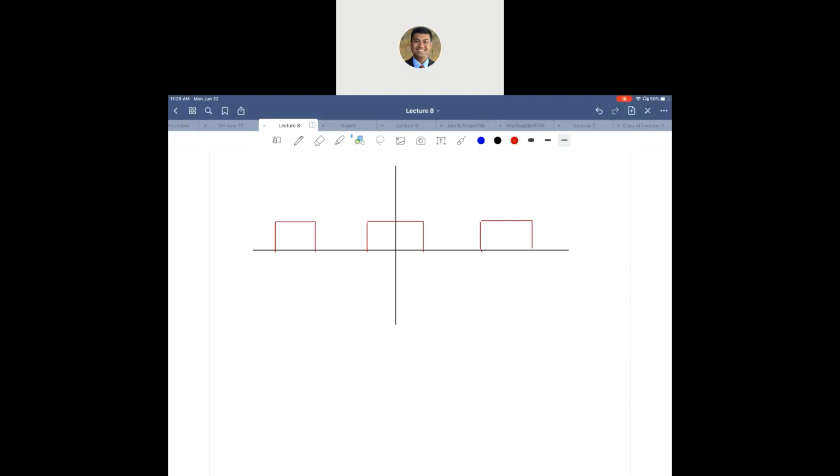Now, if you move this up and down vertically, will the Fourier series coefficients change? That is the question. Because the Fourier series coefficients are related to the frequencies in that square wave, right? The frequencies of all the sinusoids, when you add them up, you get the square wave. So will the a_k change if you keep moving this up and down? Will it change?